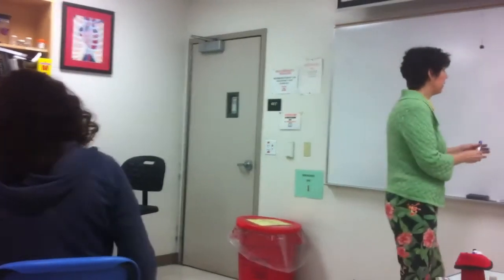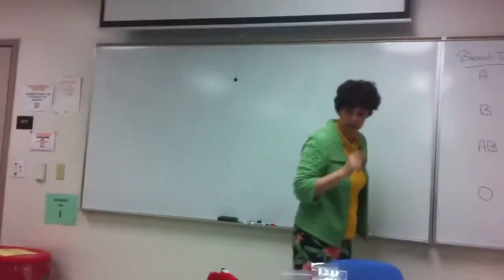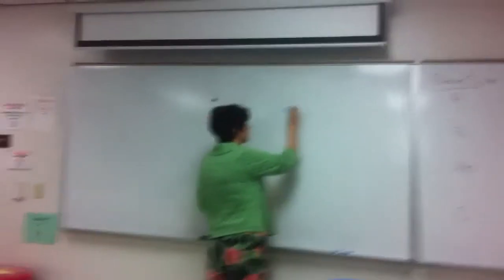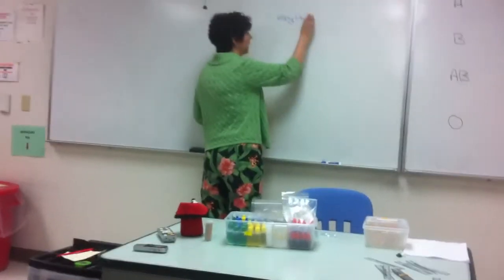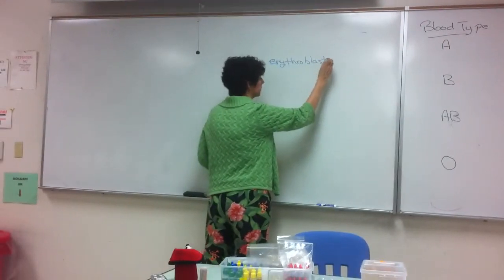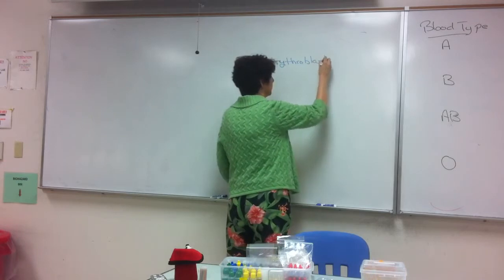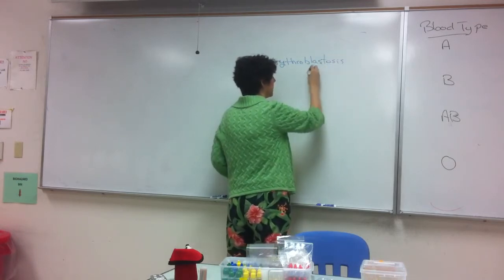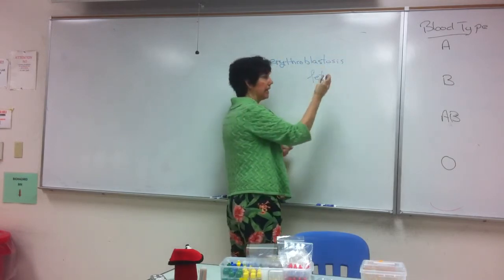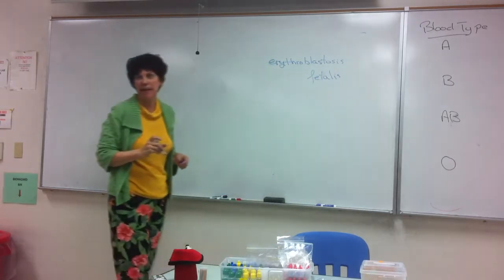This condition is known as erythroblastosis fetalis. This is not fetalis as in a fatal accident, though it can be fatal, but as in fetal. We're thinking about spelling it.